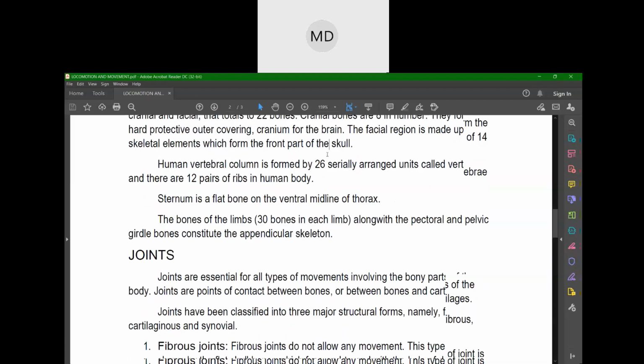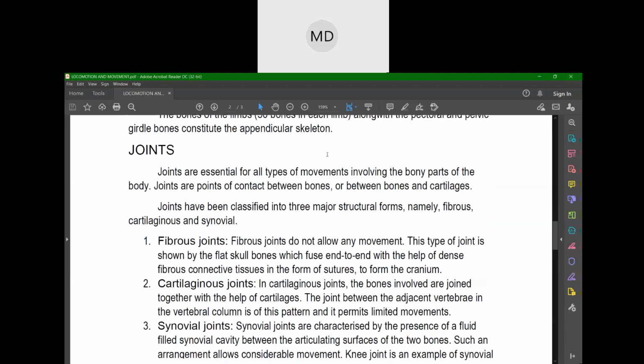Since there are many bones, they need to be connected with one another, so there are joints in between all the bones. But can you move those joints? No, you cannot.